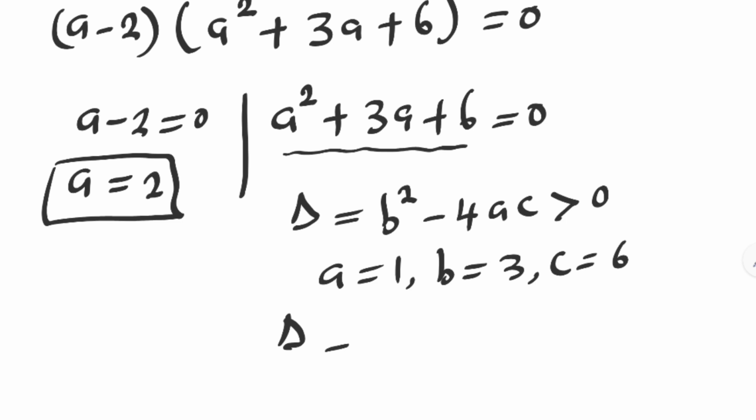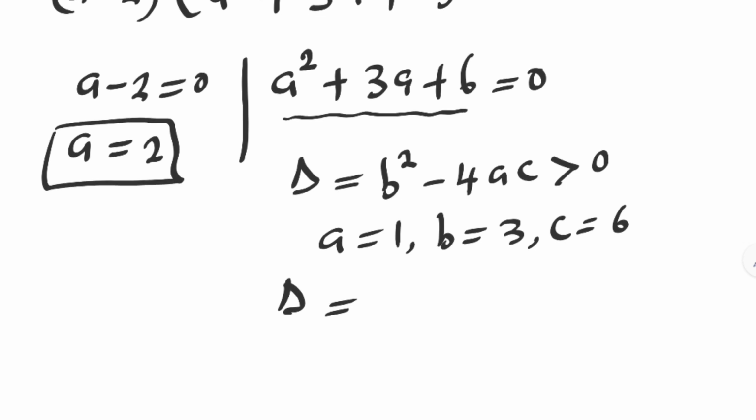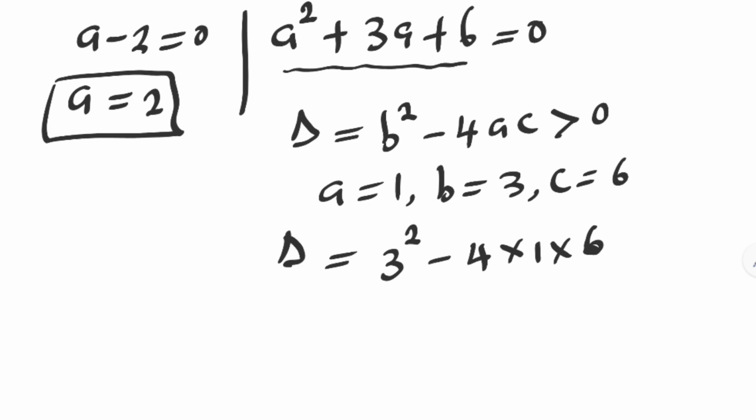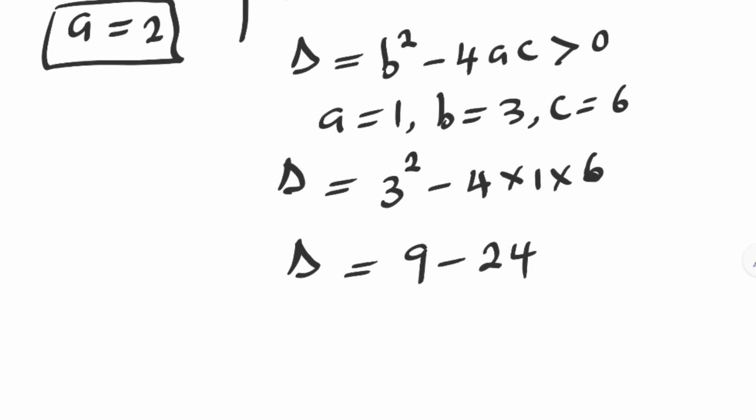Discriminant d is equal to 3 squared minus 4 multiplied by 1 multiplied by 6. Discriminant is equal to 3 squared, this is 9, minus 4 times 1 times 6, that is 24. Then d is equal to 9 minus 24.